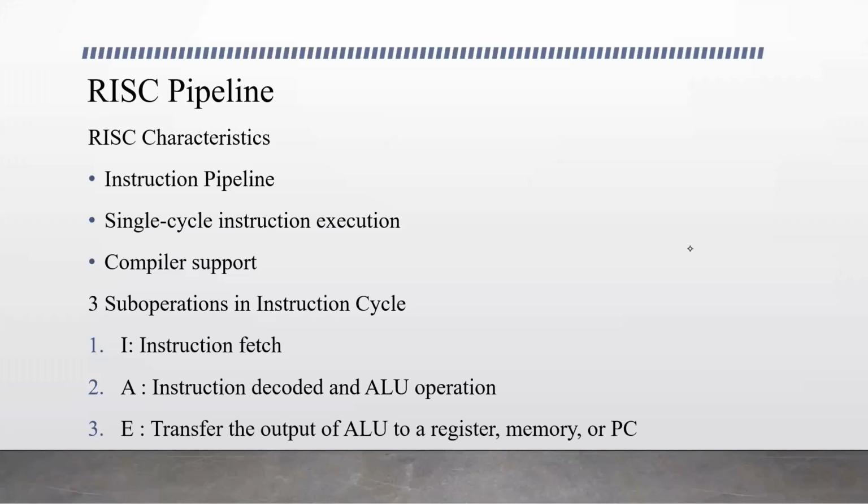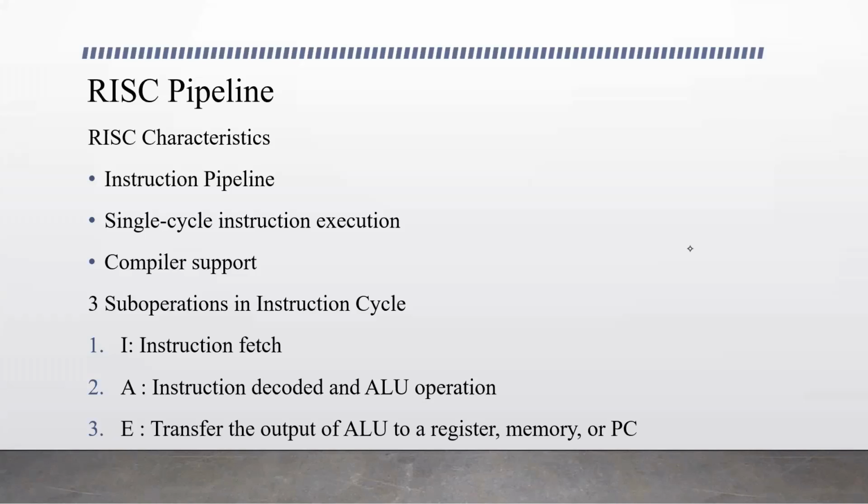So let's start with the RISC characteristics. The main characteristics of RISC are instruction pipeline, single cycle instruction execution, and compiler support. One of the characteristics of reduced instruction set computers is the ability to use an efficient instruction pipeline because of the simplicity of the instruction set.